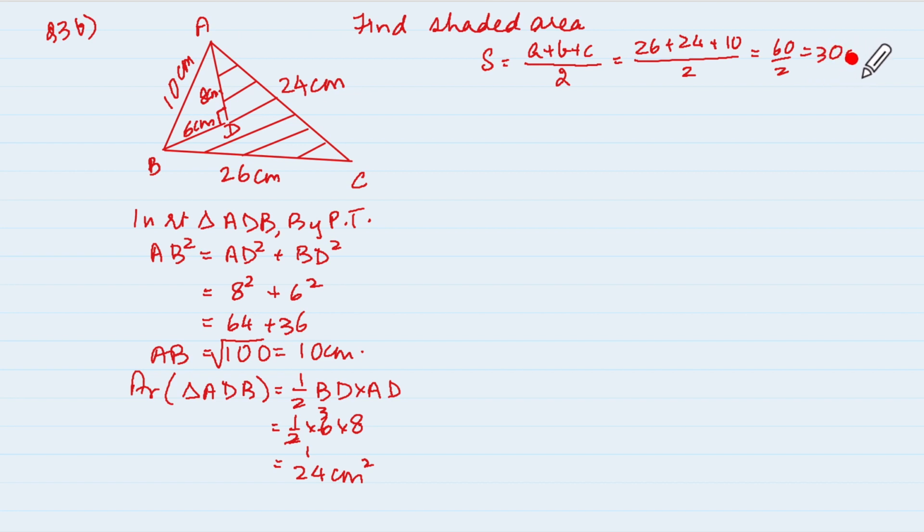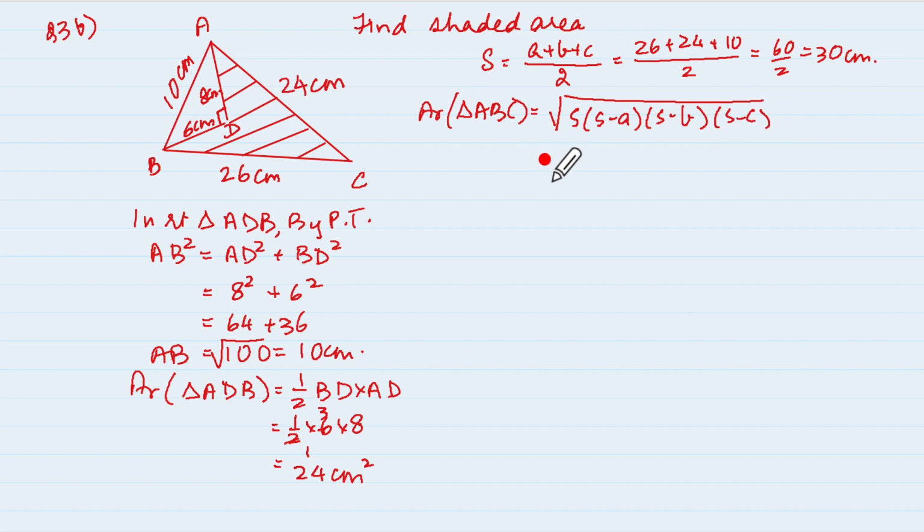which is 30 centimeter. And the formula for area of triangle ABC will be under root s into (s minus a) (s minus b) (s minus c). Correct? You remember that? So under root it will be 30 into (30 minus 26), (30 minus 24) and (30 minus 10).